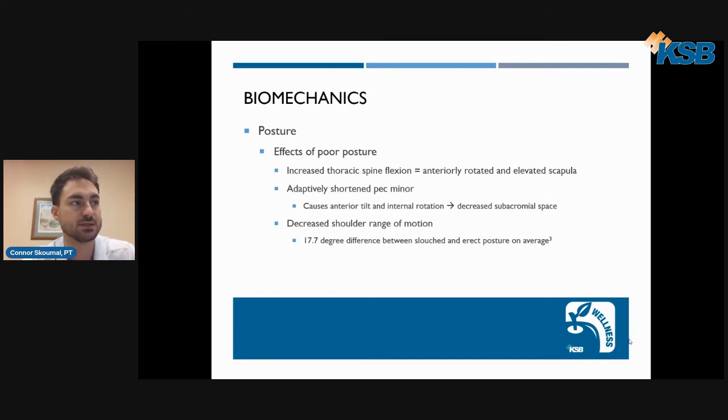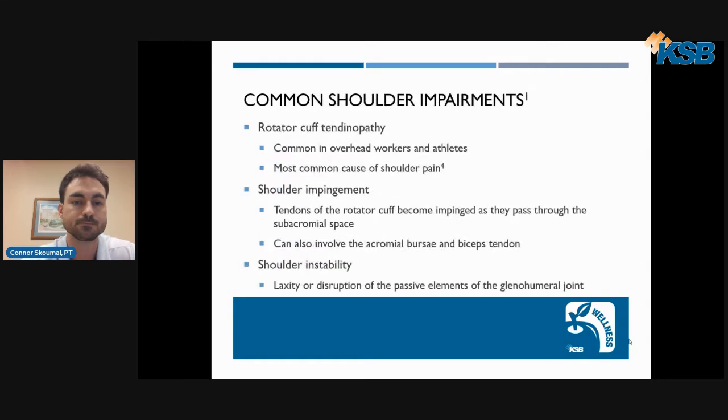This causes anterior tilt and internal rotation again, and that causes decreased subacromial space. So overall, that poor posture can decrease your shoulder range of motion by, in a study I found, 17.7 degrees difference between a slouch versus an erect posture in terms of how much overhead motion you can get. So very important to have good posture for not only range of motion, but shoulder health.